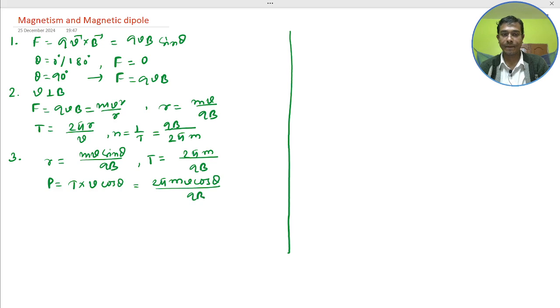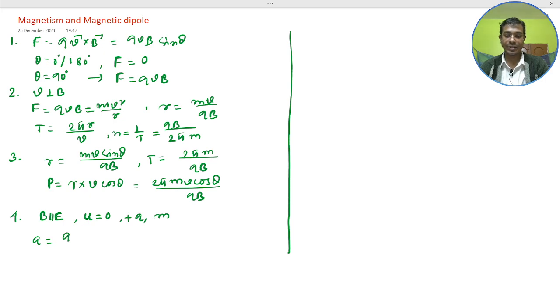So next one, motion of a charged particle in combined electric and magnetic field. Here there are 3 cases. First one, B is parallel to E and initial speed is 0, charge q and mass m.